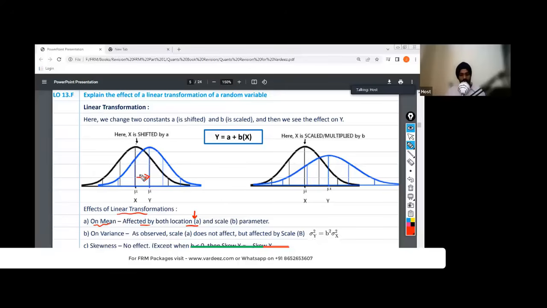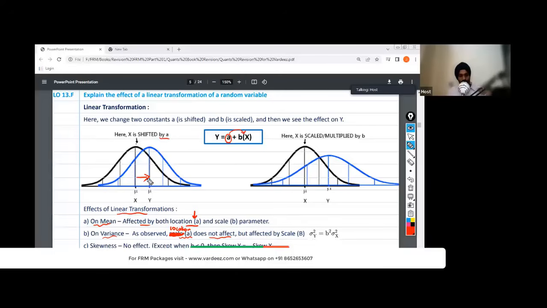What about the variance when we add a constant to x? What happens to the variance? The location parameter a does not affect the variance.